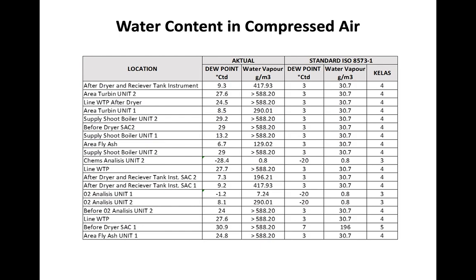For example, after dryer and receiver tank, it should be class 3 with water vapor about 30.7, but in actual they have 417.93 gram per meter cubic of water vapor. Much higher water vapor than accepted by the standard.